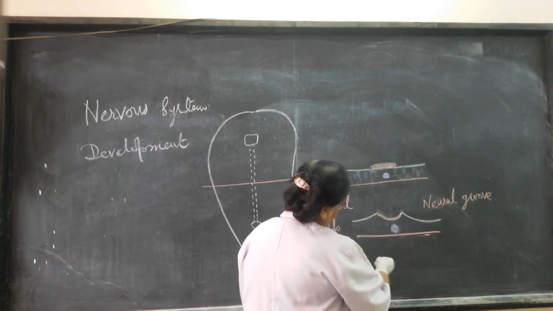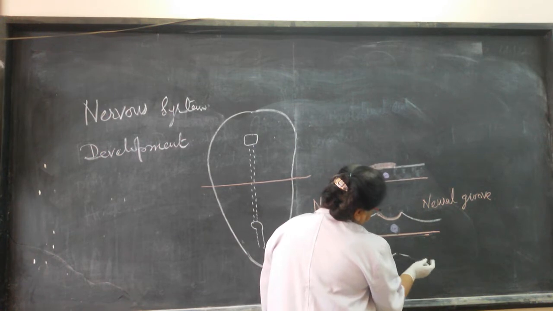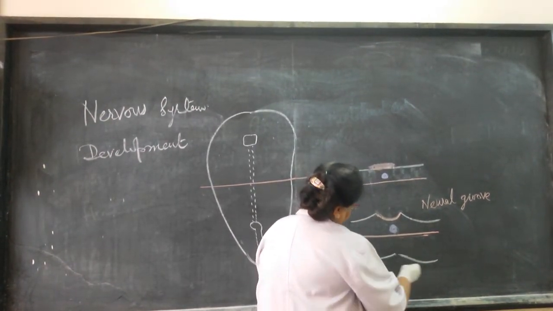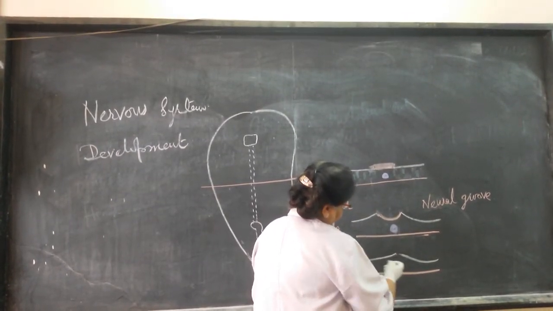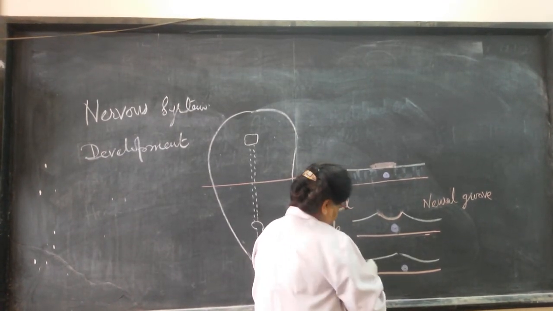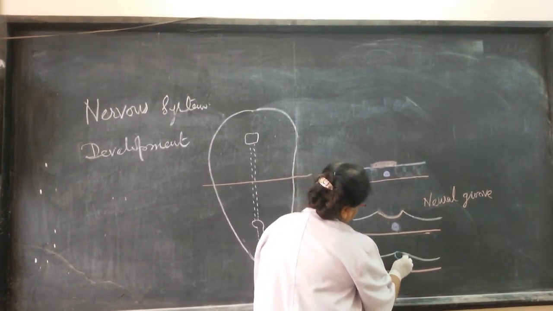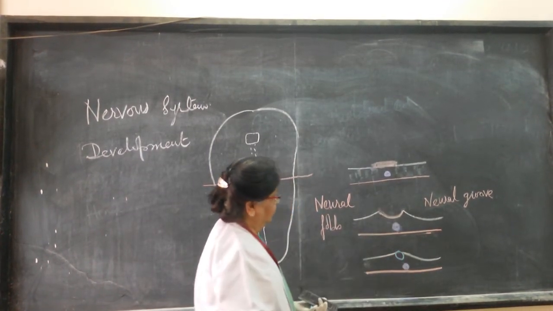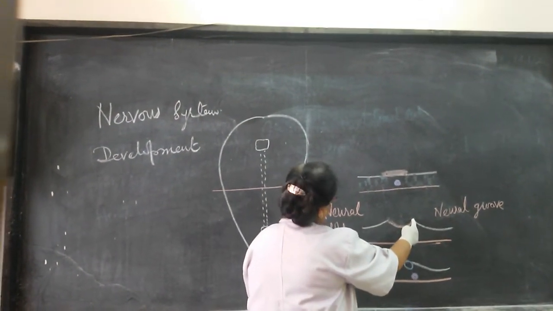This can be shown like this: the ectoderm, the endoderm, the notochord, and the neural plate forming a tubular structure by fusion of the edges.